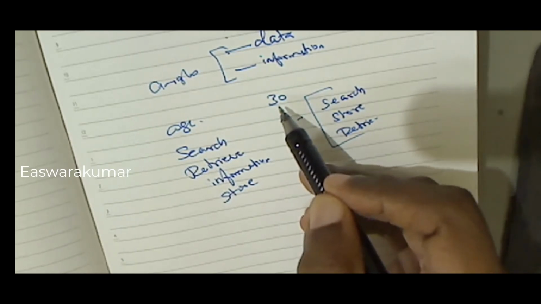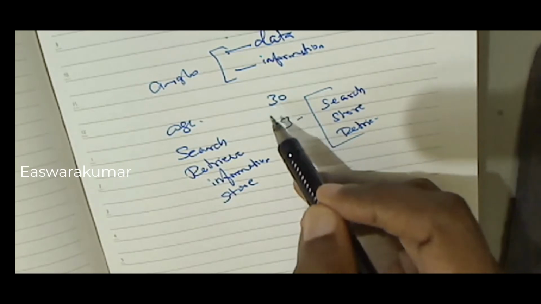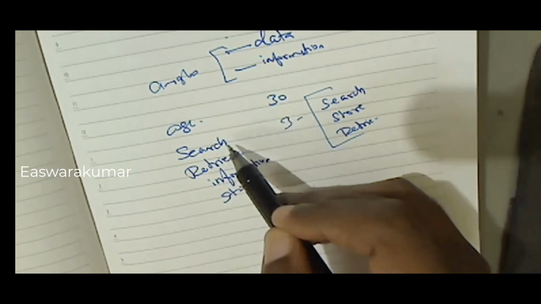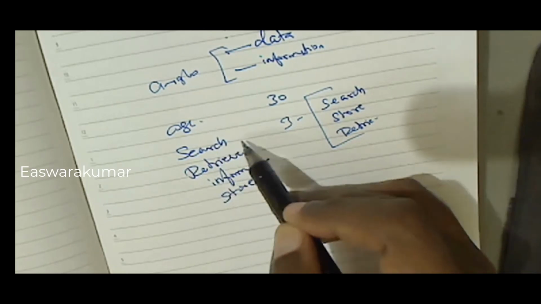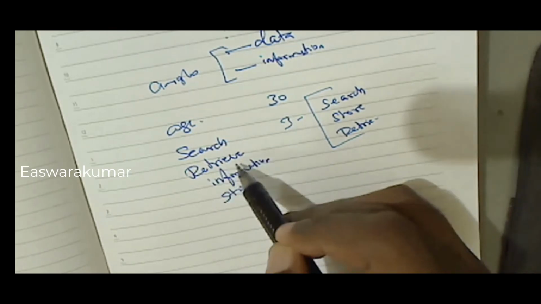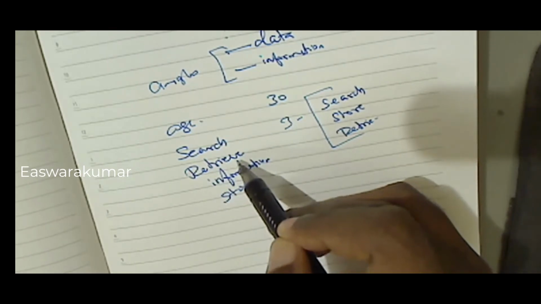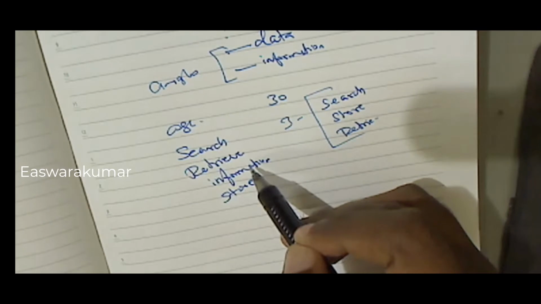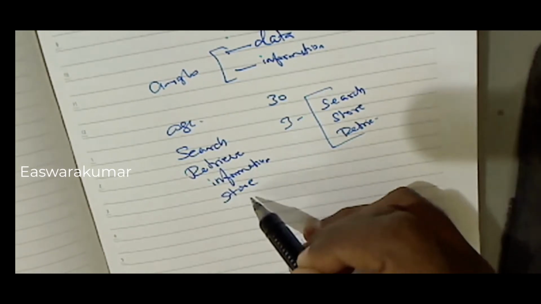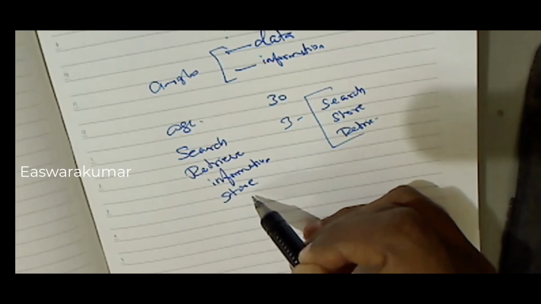And when you store something in memory, we have to locate that value, and that is called the search operation. Once you locate the data, we can retrieve the value, and that is what we call the retrieve operation. Once the data has been retrieved, we can process it, and that is what we call information. After processing, we can store it back to memory, which we call storage.